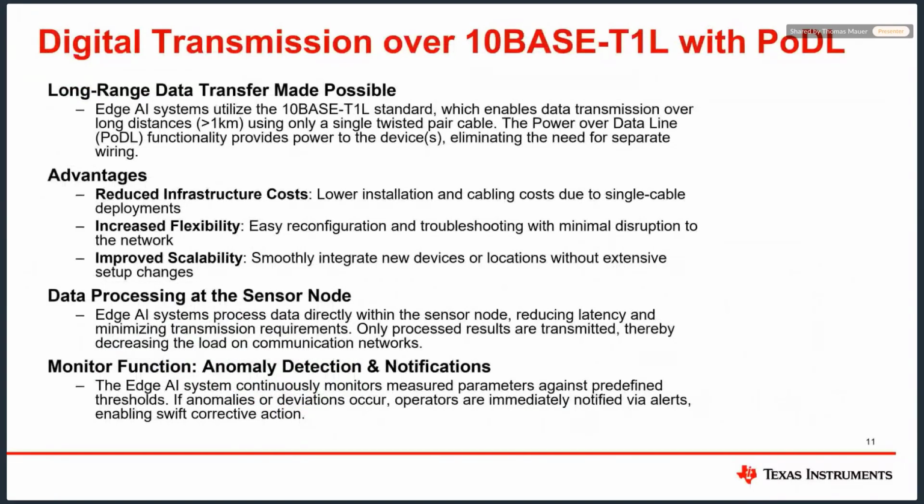Okay, before I go on, let's also spend a bit of time about this digital transmission over the 10-base T1L with the power over data line. So 10-base T1L is a very good way to send IP telegrams over a long-range data. So in our case, this system uses this method.